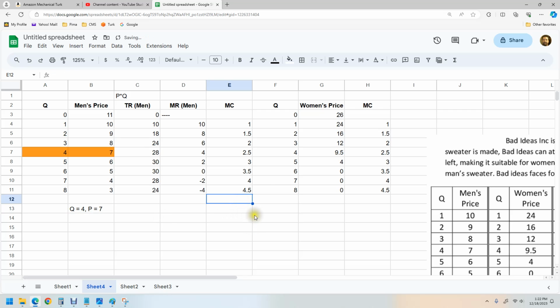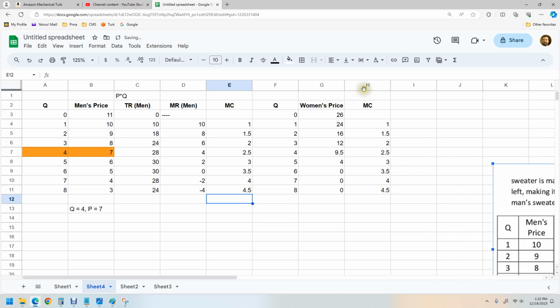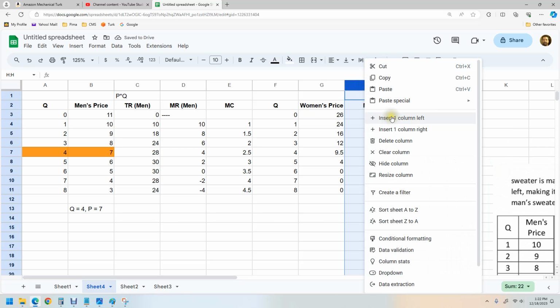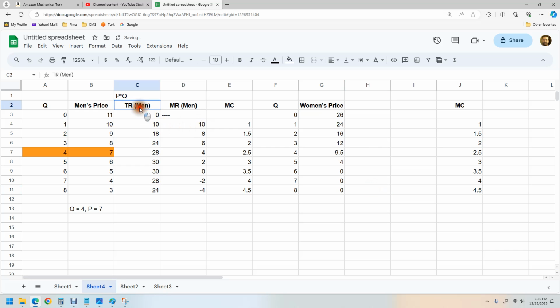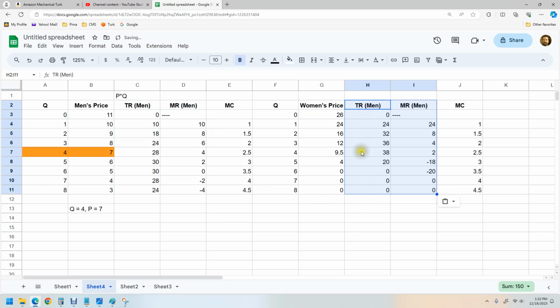Now we'll come over to the women's side, and we're going to do exactly the same thing. We'll insert that column, and I think we can just copy the whole thing. Just copy it over here. This is not men now, this is women.